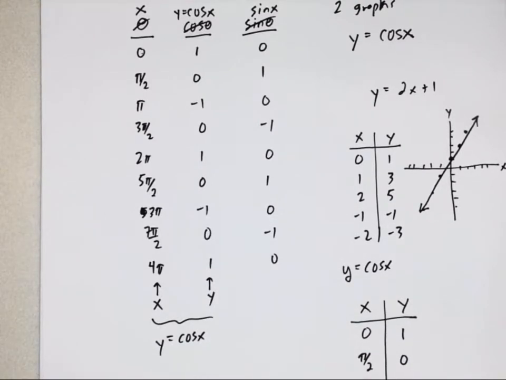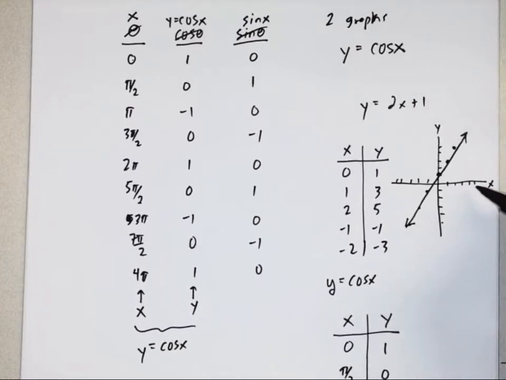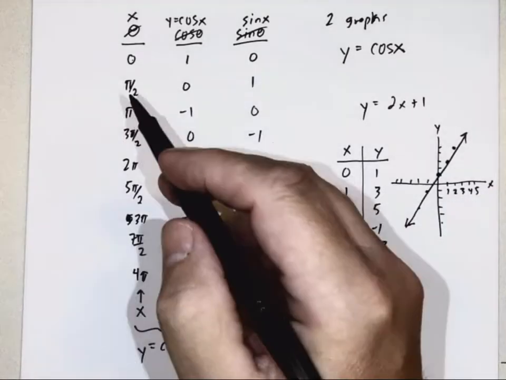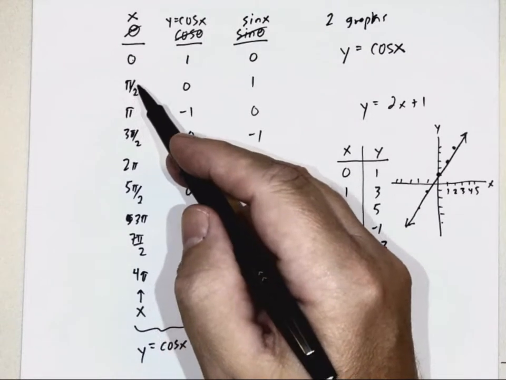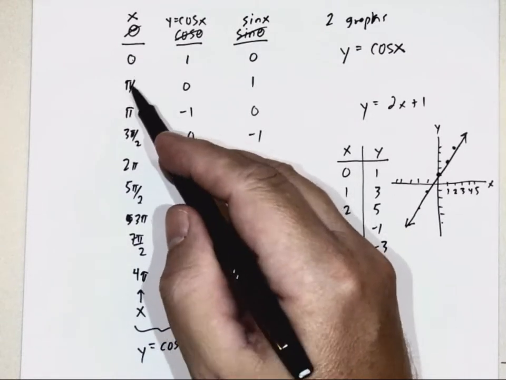Now here's what is a little tricky. Normally, for the other graph, when I made my x axis, it's 1, 2, 3, 4, 5. Well, look at my x's here. It's these funky numbers with pi in it.